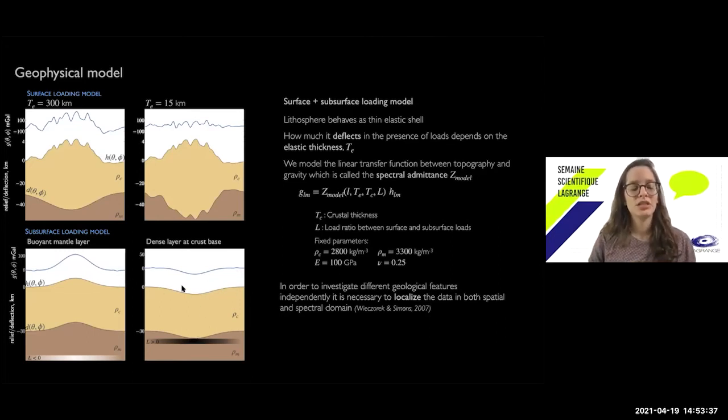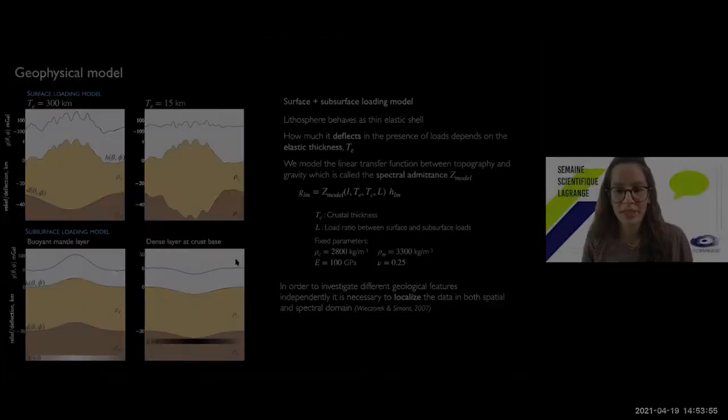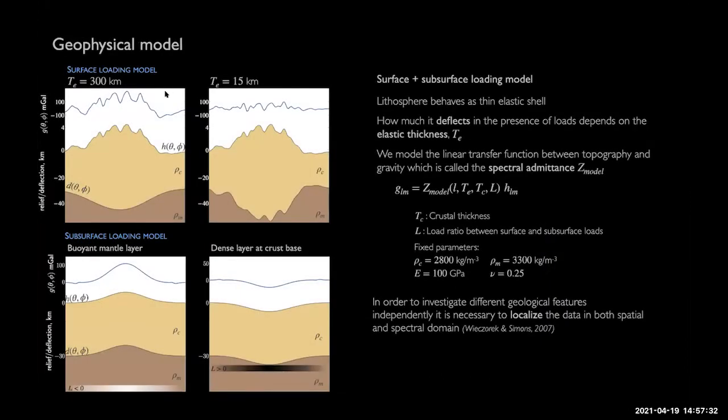And we also added the possibility of having intrusions in the base of the crust that can also give this type of signal. So we consider all of these possibilities in our model, and we try to reproduce the observed gravity data with it. And so we try to estimate these three parameters: the elastic thickness, the crustal thickness, and this load ratio, that is the possibility of having something within the mantle that is actively supporting this topography.